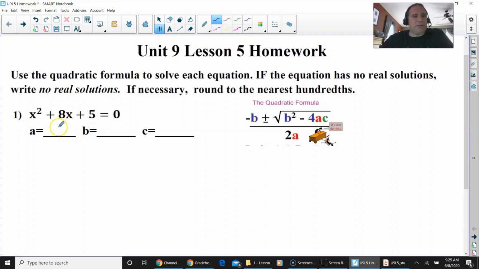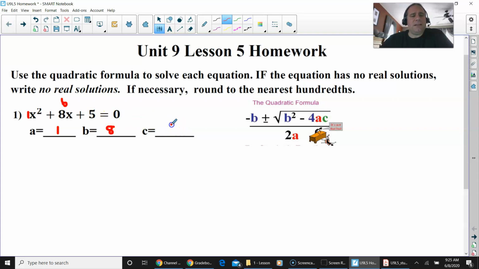But since we are studying the quadratic formula, we have to put down the a, b, and c. This is the first thing that you do. Remember, the a is always the number before the x squared, so that is 1. The b is always the coefficient before the x, so that is your 8.